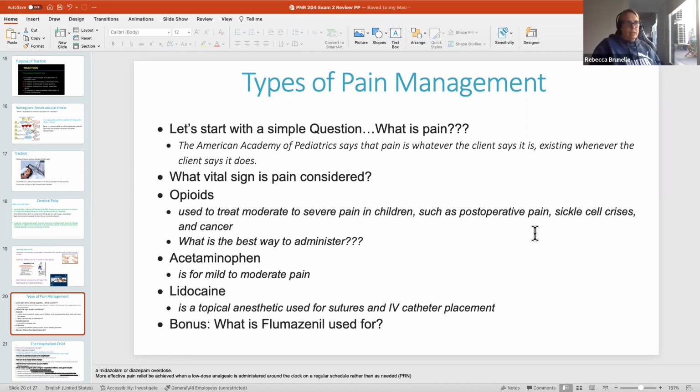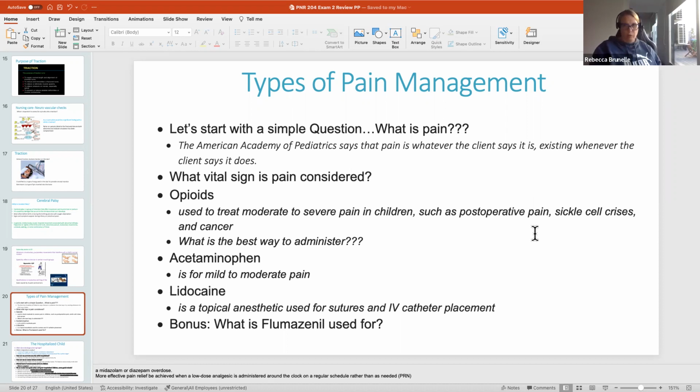If you have a kid that's had a fracture or some sort of injury, and you expect them to have pain for a logical reason, the best way to make sure that pain doesn't get out of control is to do around the clock scheduled pain medication. Something like Tylenol is a great medication.